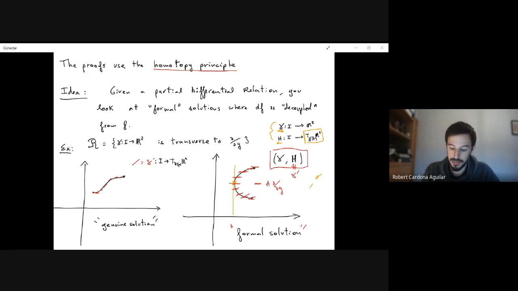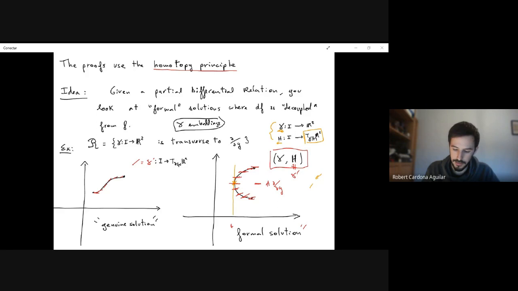In this question, the natural space to look for formal solutions depends on whether you are speaking about immersions or embeddings, for instance. Once you fix one, let's say I'm looking at embeddings, but for immersions it will be the same.